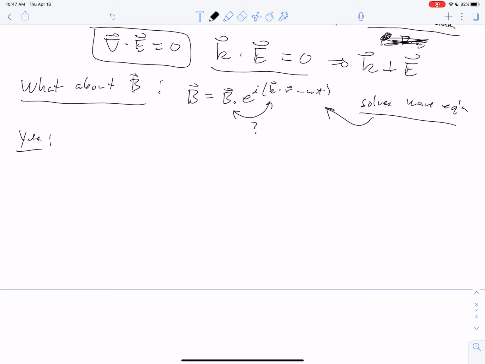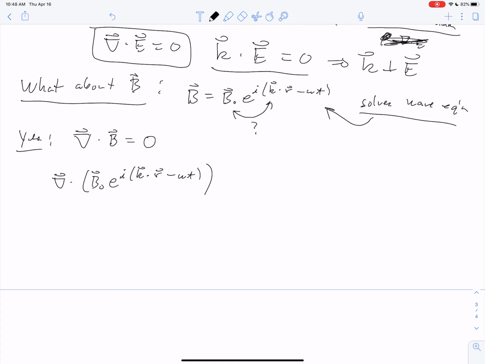Let's look at the divergence of the B field. What is the divergence of the B field? Well, we already know, since there are never any magnetic monopoles, this is always equal to 0. So let's find the constraint on the B field. We do del dot B naught, where that's the polarization of the B field, e to the i k dot r minus omega t.